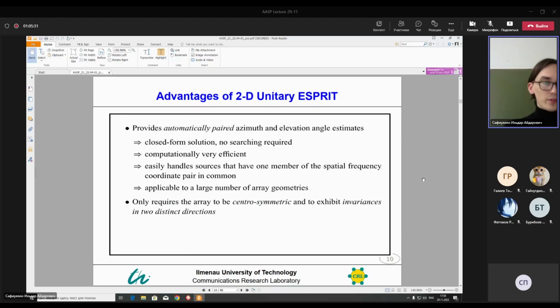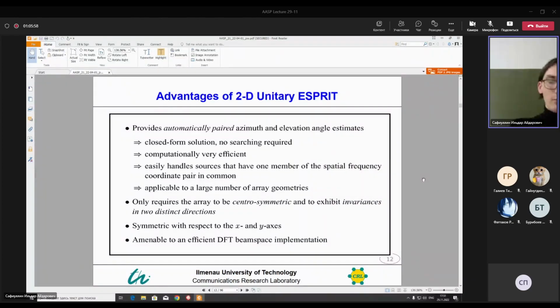Main requirement: centrosymmetric array with this exhibition that invariances in two distinct directions. Then this centrosymmetric means that our arrays are symmetric with respect to the x and y axis.